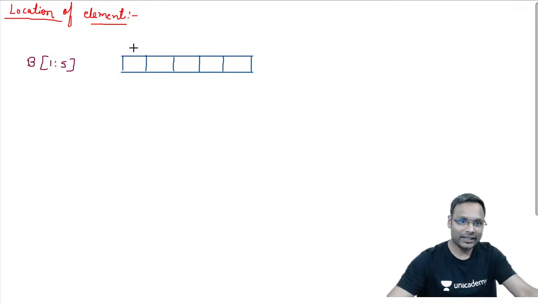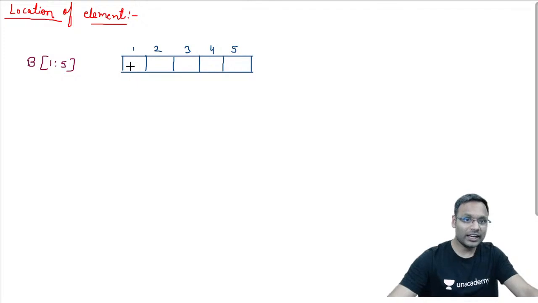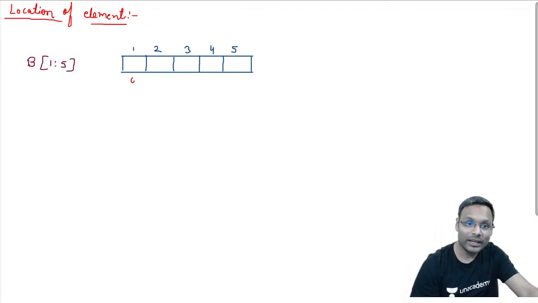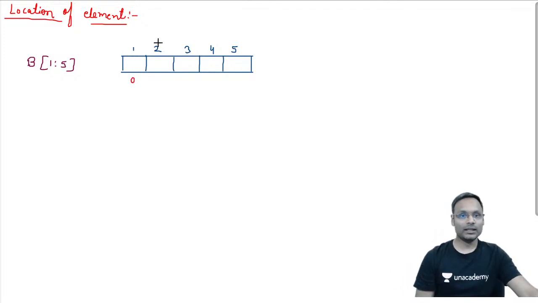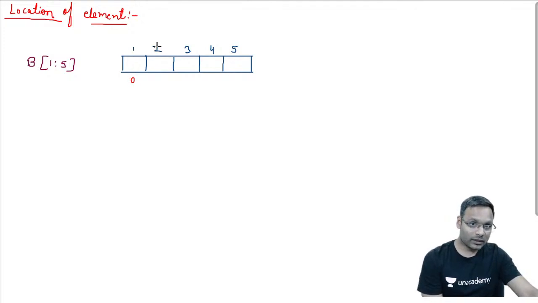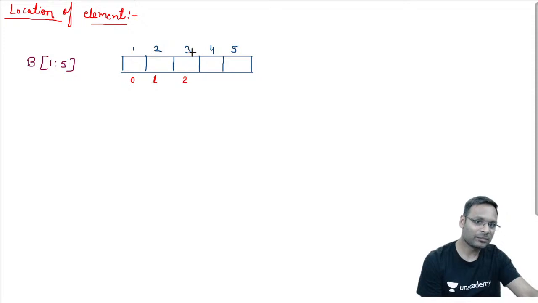First element having index 1, 2, 3, 4, 5. But what is the relative index of this? Relative index is 0. How many elements are there before this? 0. This is actual index, this is relative index. Index is 2, but relative index is 1. Relative index 2, 2 elements are there before this. How many elements before this? 3.